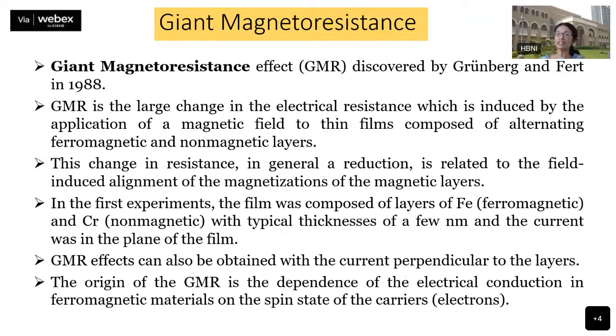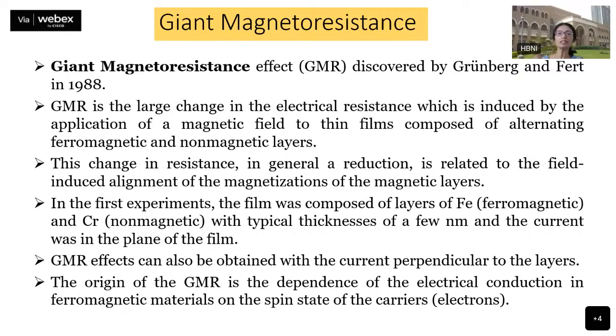So as I said, you have a layered structure. In that layered structure, in one layer you have a ferromagnet, which is followed by a non-magnetic layer. Again you have a ferromagnetic layer, and then again a non-magnetic layer, and so it goes. In general, the change in resistance is nothing but a reduction. This is related to field-induced alignment of the magnetization of the magnetic layers.